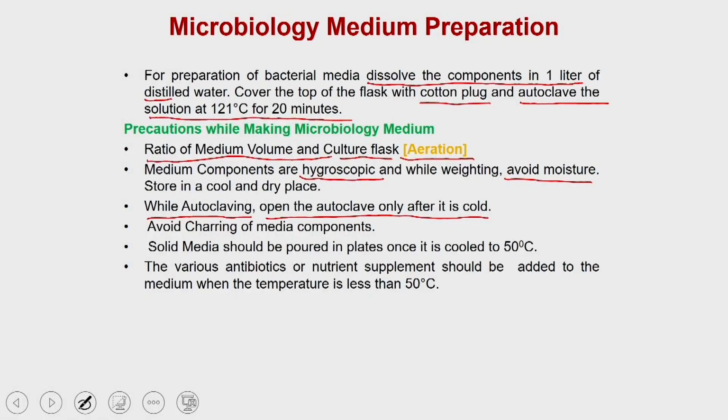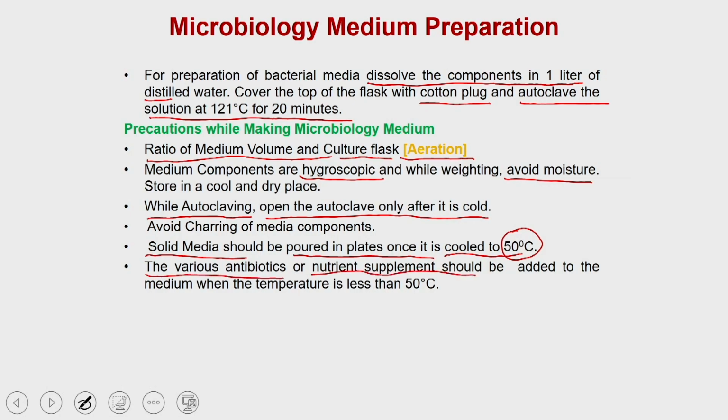Similarly, if you are preparing a solid media, the solid media should be poured into plates once it is cooled to a temperature of 50 degrees Celsius, and only then do you add the antibiotics or other nutrient supplements.